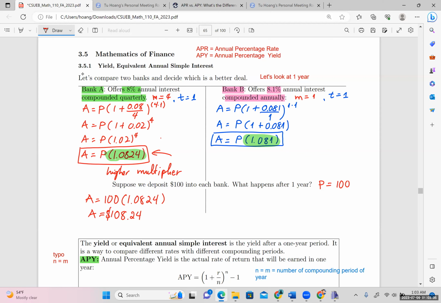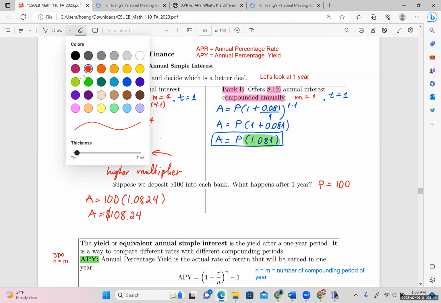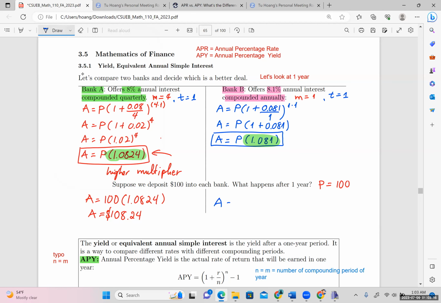For bank B, A equals 100 times 1.081, so I have 108.10.